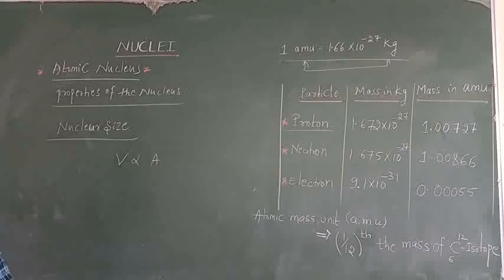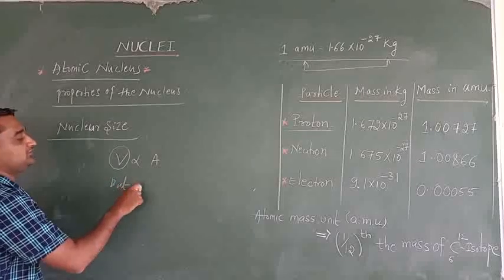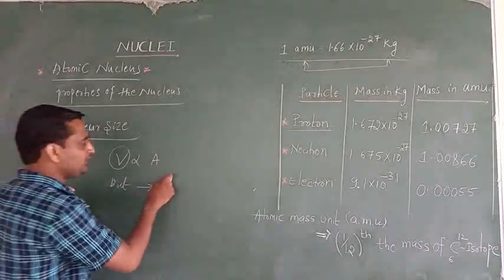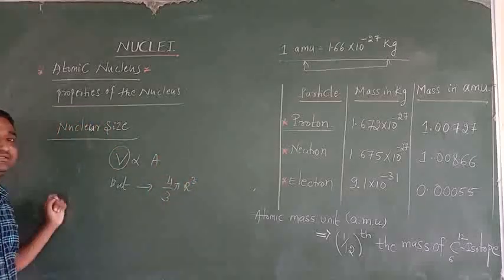V is directly proportional to A. But V is equal to the volume of the sphere, 4 by 3 pi r cube, where r is the radius.